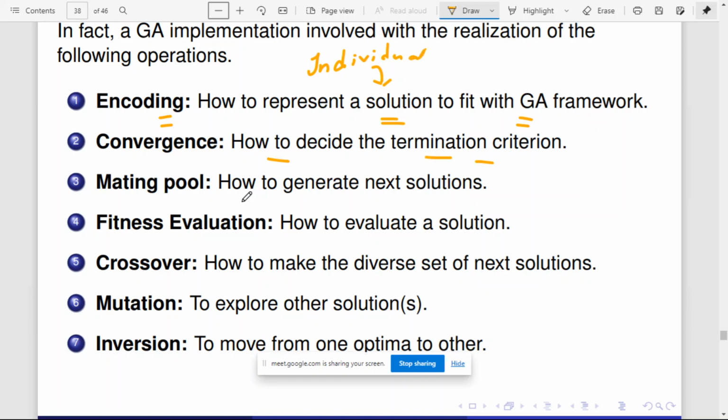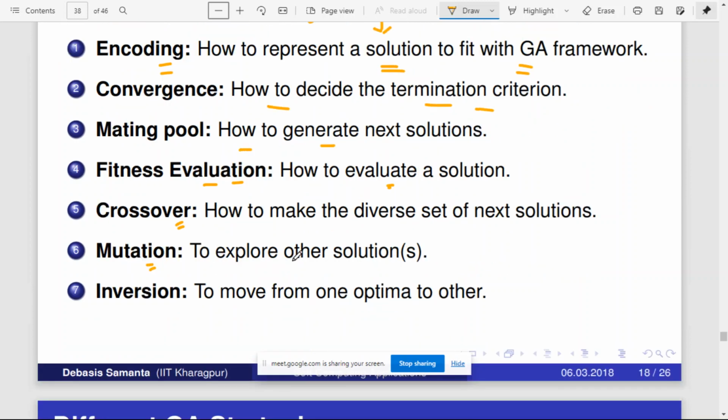Mating pool means the set of individuals selected for crossover, used to generate the next solution. Fitness evaluation: how will you evaluate a solution? Crossover: how to make a diverse set of next solutions. Mutation is to explore other solutions. It is how you change after crossover. There may be some changes performed, and that is called mutation.